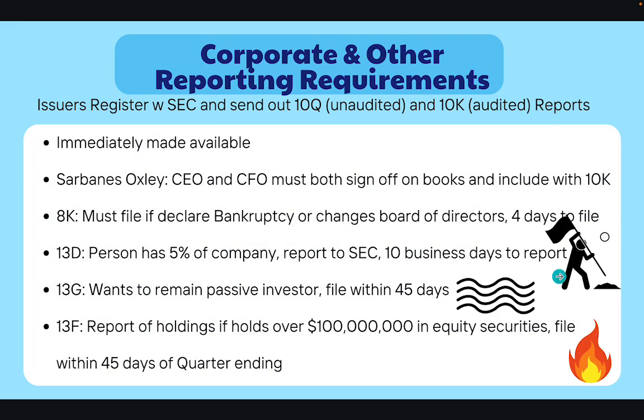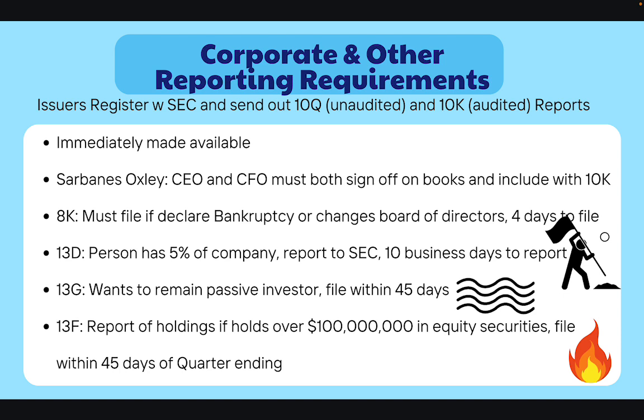Corporate and other reporting requirements. Issuers register with the SEC, and they send out 10Q, which are the unaudited quarterly reports. We just talked about those. And 10K, which are the audited reports. These are immediately made available.